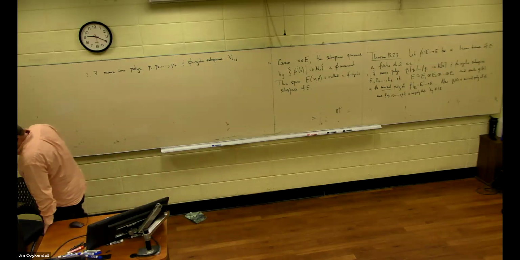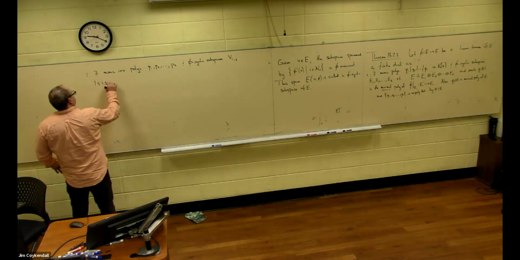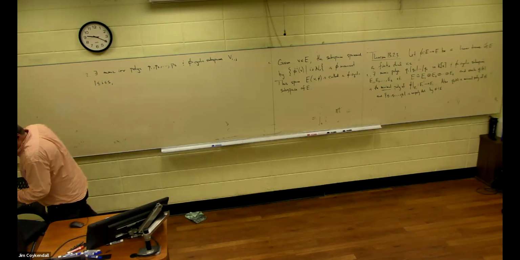I'll double index these. The first index, the i index, goes between 1 and s for each polynomial.